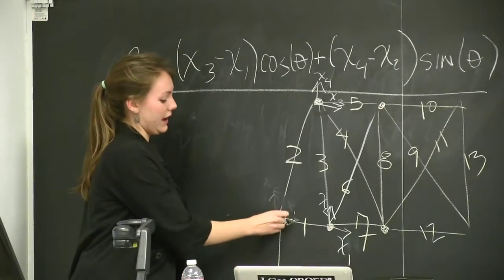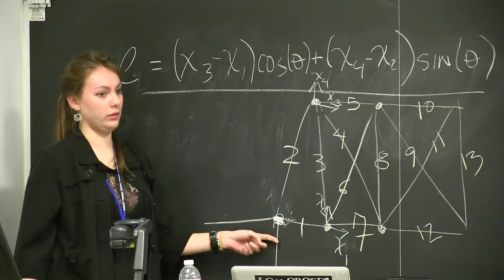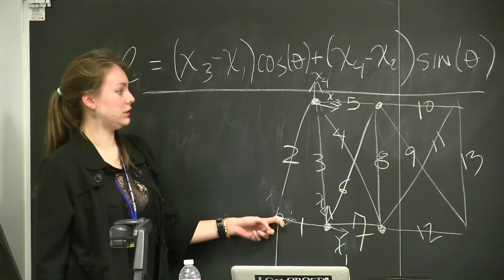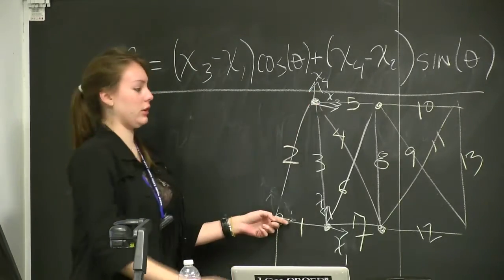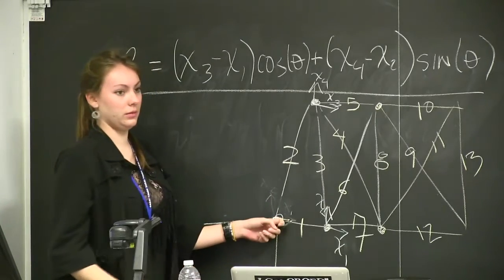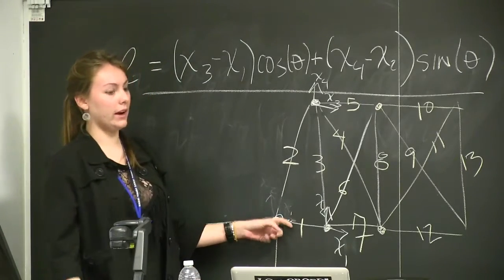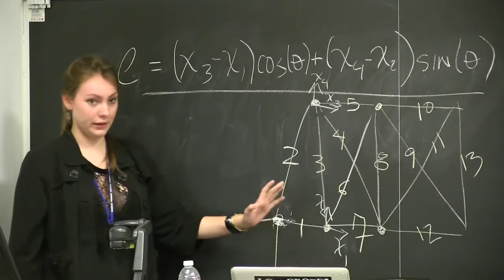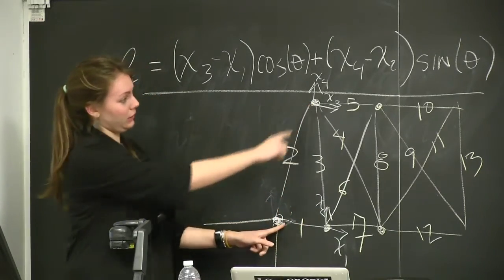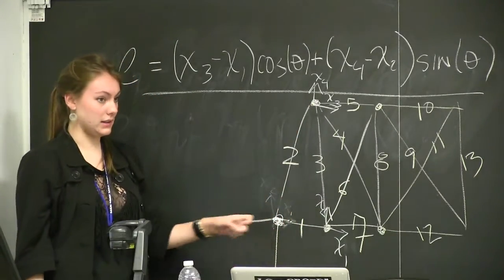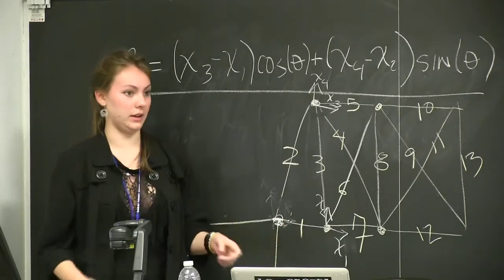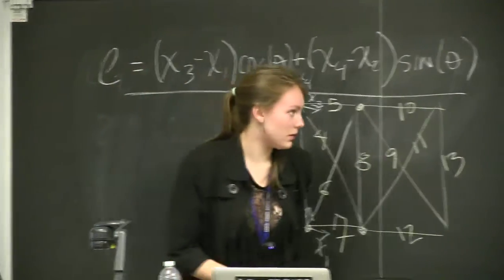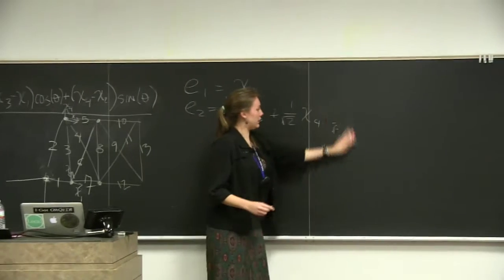Where's the head of 2? Can the head of 2 move at all? No. So when we're considering motion in the vertical direction, we don't worry about any of the other fibers. Isolate the fiber you're looking at. This guy, the head is locked there, so we only look at X3 and X4. Make sense? So we can kill that term.